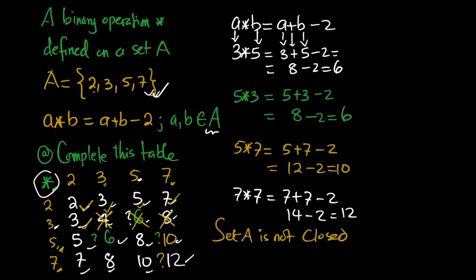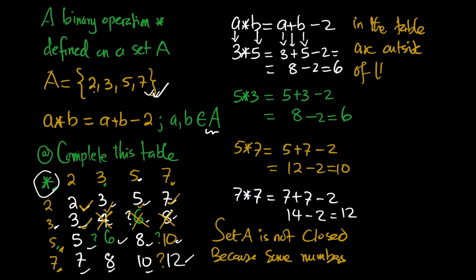It's not closed because some of the numbers in the table are outside of the set A. All right. So that solves the A portion of our question.